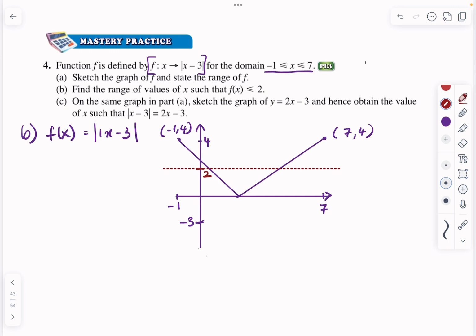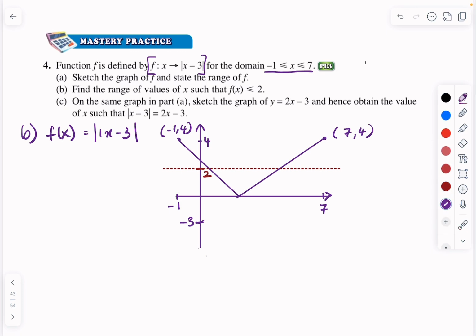They want us to find the range of x when f(x) is less than 2. Less than means it's here. So looks like the graph starts from here and ends here for below 2. So we need to find these values of x, this range. To do this, we need to do some calculation.